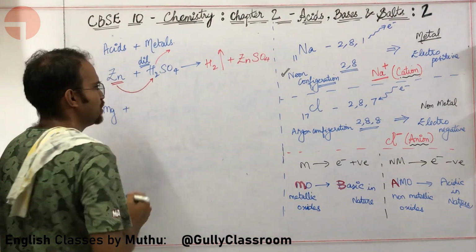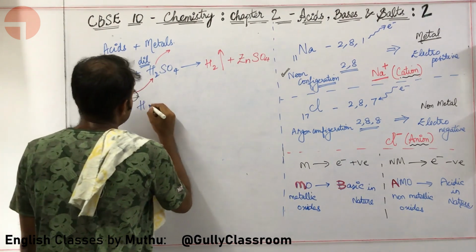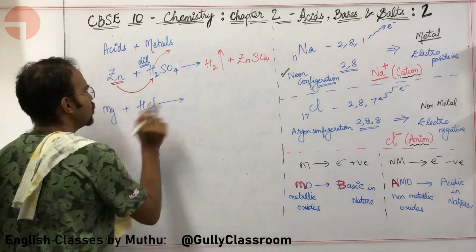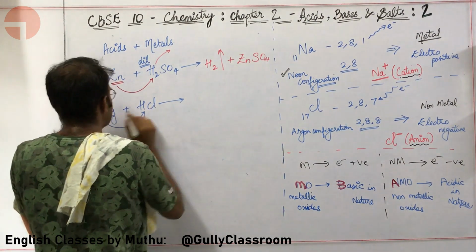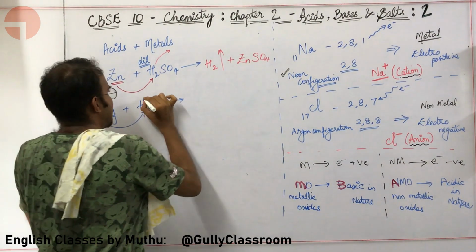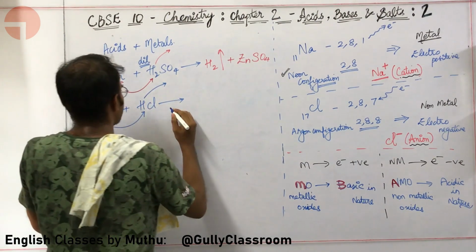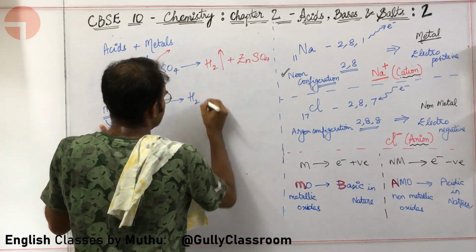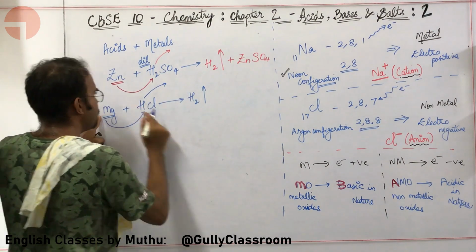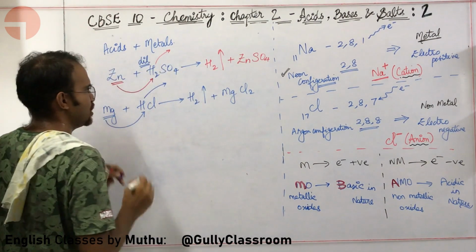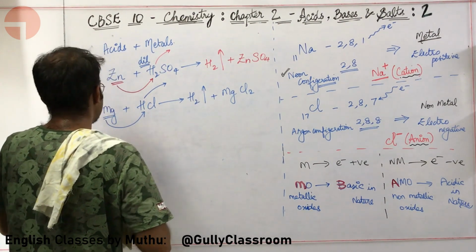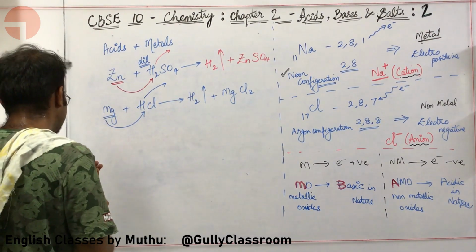You are going to put magnesium with HCl or hydrochloric acid. Here magnesium is more reactive than hydrogen. Magnesium will displace hydrogen from its compound. So you will get H2 and MgCl2.